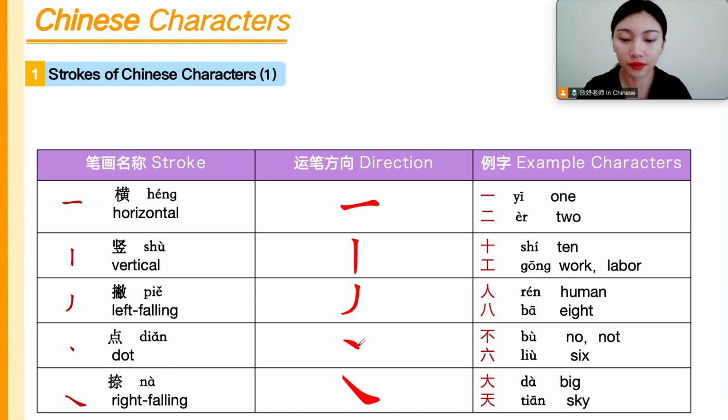We just make a dot here, okay? And the characters are 不, which means no or not, or 六, which means 6. And the last stroke we will learn is 捺. It's a right falling stroke, falling from top left to bottom right. Okay, so for example, 大, which means big, and 天, which means sky.